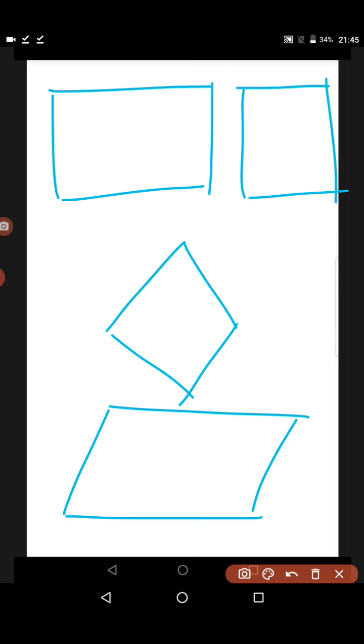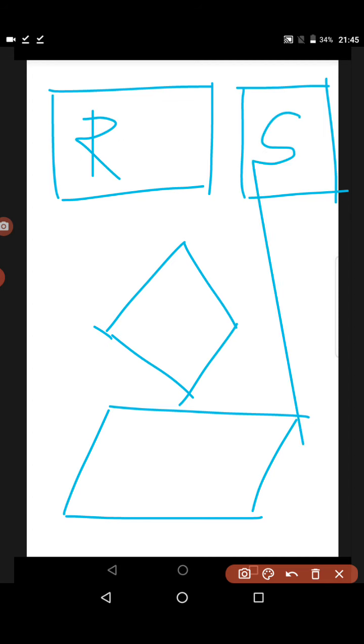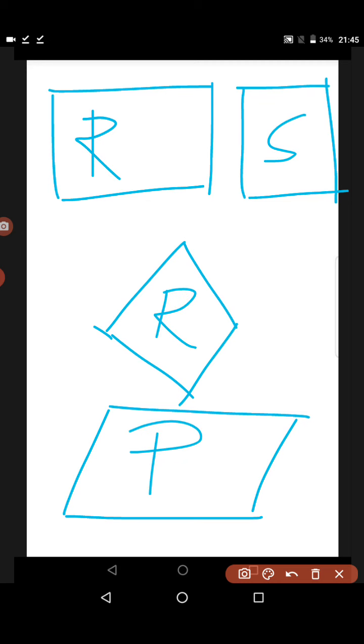What are these diagrams? This is a rectangle, this is a square, this is a rhombus, this is a parallelogram.